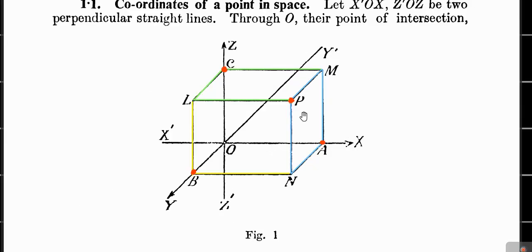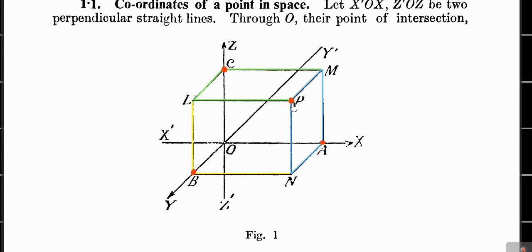Now observe in this figure, suppose P is a point in space, that is in 3 dimensions, and if we have to find out the projection of point P on the x-axis, y-axis and z-axis, then how can it be obtained?